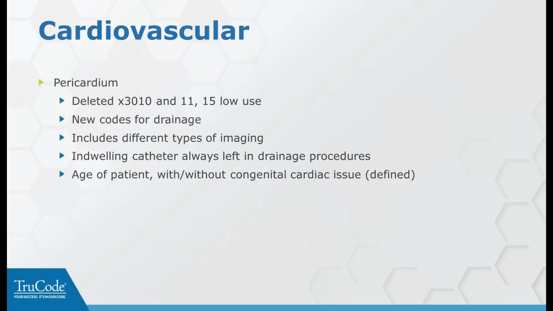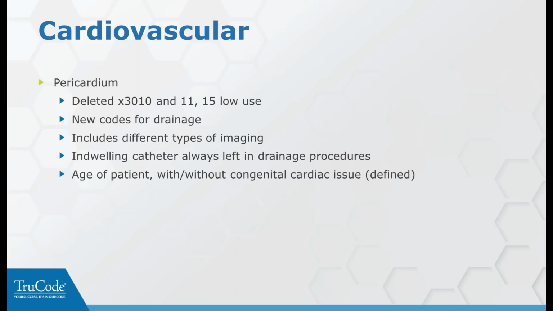And again, you want to look at the notes because some of these are going to be according to the age of the patient. If it's a baby with a congenital cardiac anomaly, or anybody who's got a congenital cardiac anomaly, there's a specific code for that patient. So again, watch your notes. It's not just the age, it's also the fact that you're treating a congenital cardiac anomaly.